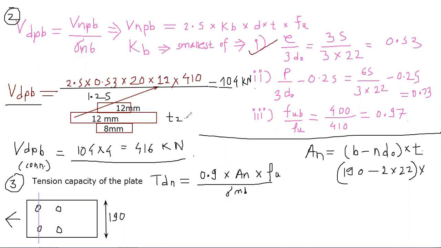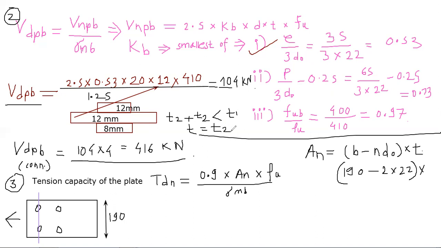That is T2 plus T2. Okay. The addition of the 2 small thickness cover plates, if this T2 plus T2 is less than T1, then in such case your T will be T2. Your T will be equal to T2.